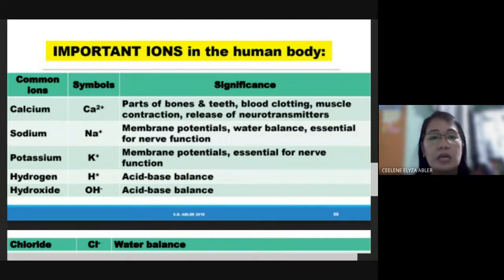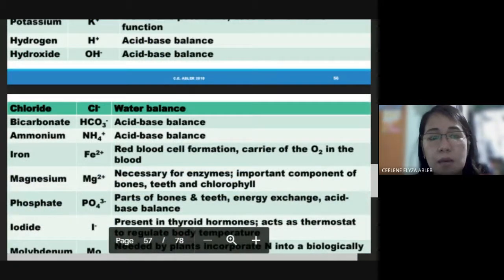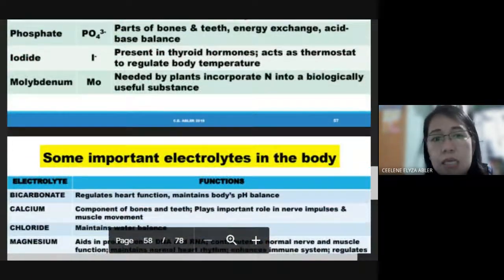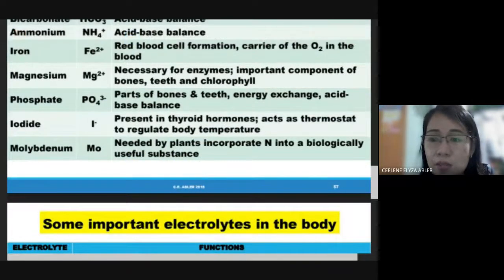So, isa yan siya. Another thing is that we have your chlorine, mga bicarbonates, you have your ammonium, iron, magnesium, you have your phosphate, iodide, and the molybdenum. Sa mga plants, class, we have the molybdenum. Hindi lang tayo yung, but this is biology but not focused really on human.